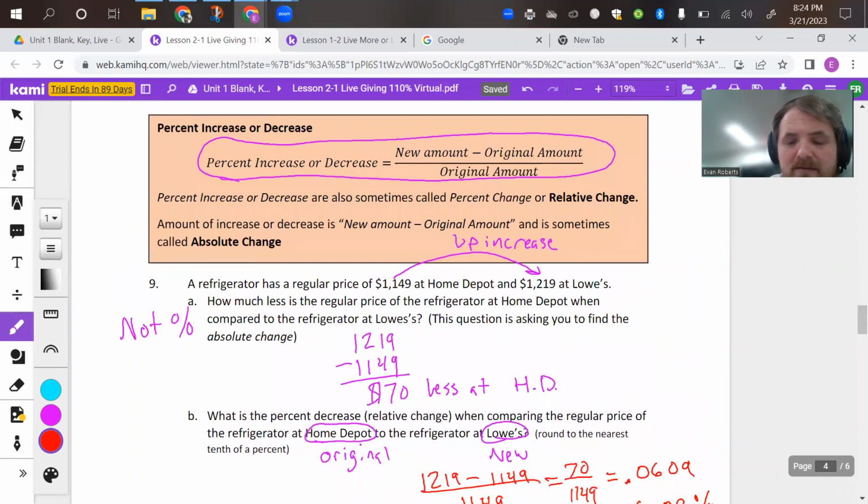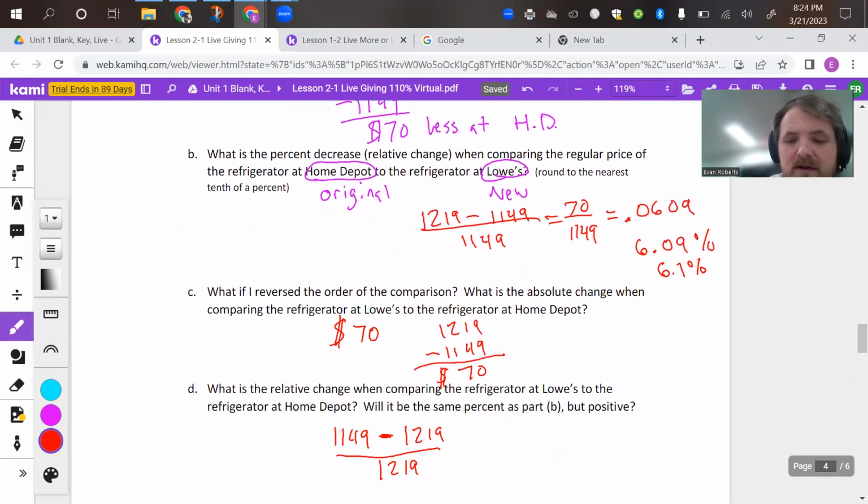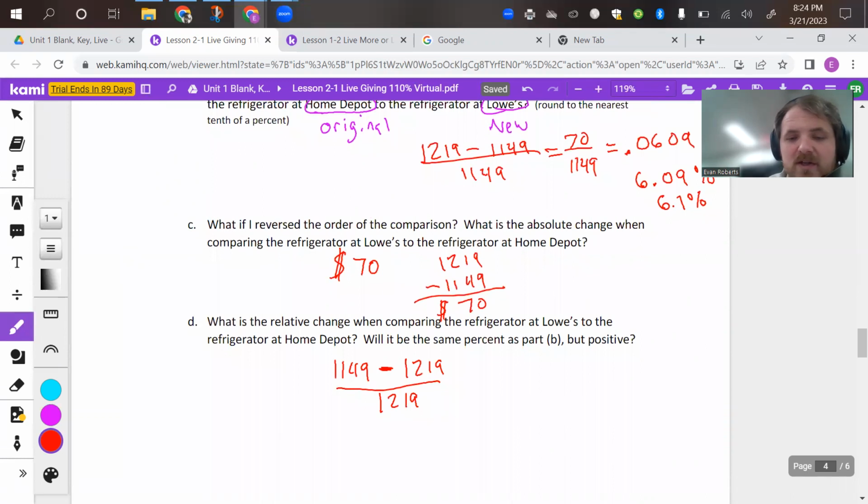That new amount minus original. So again, giving you negative 70 on top divided by 1219. So they didn't involve absolute values at all, which again, absolute values turns things positive.